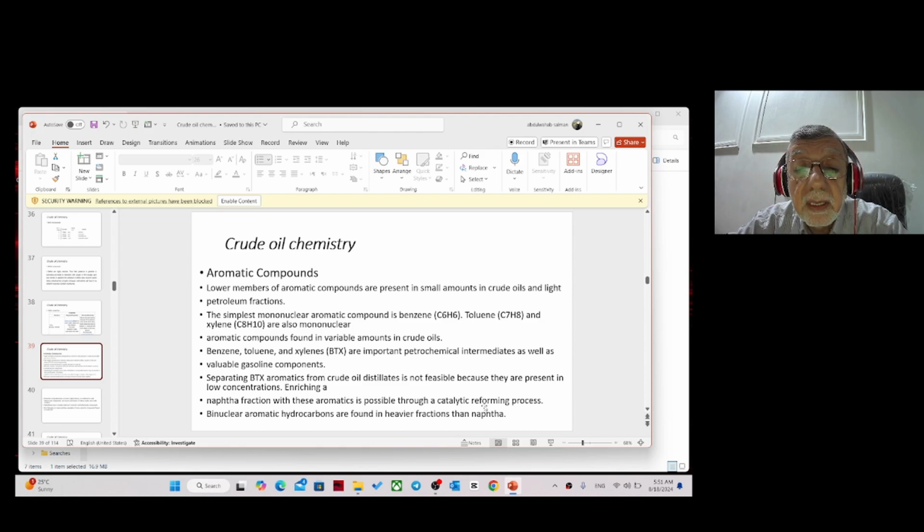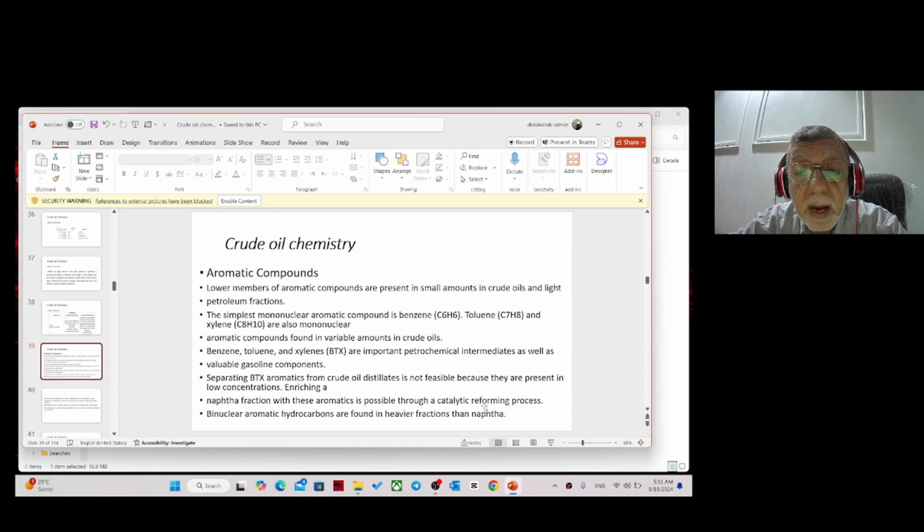The simplest aromatic compound is benzene, which contains 6 carbon atoms and 6 hydrogen atoms, C6H6, and toluene, which contains 7 carbon atoms and 8 hydrogen atoms, and xylene also, which contains 8 carbon atoms and 10 hydrogen atoms, mononuclear.